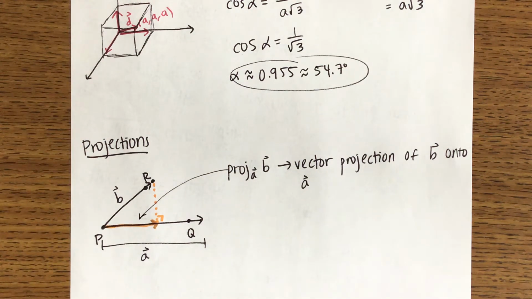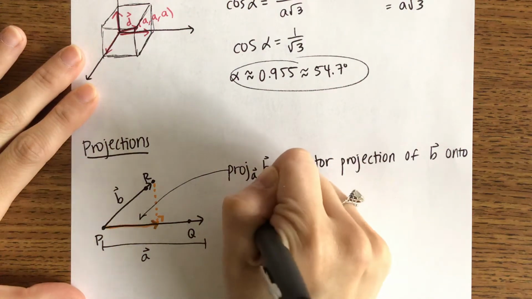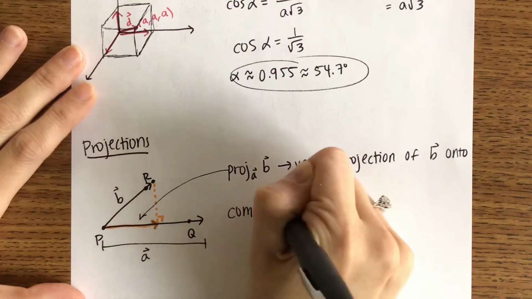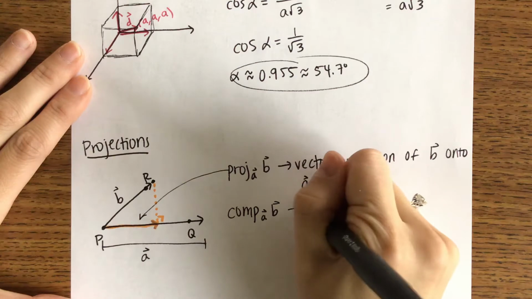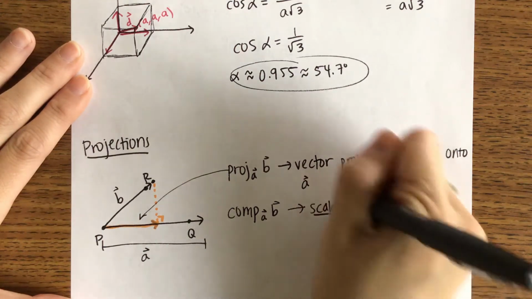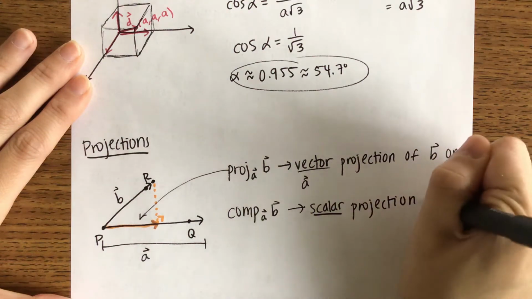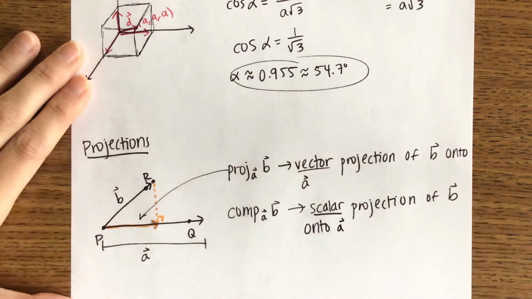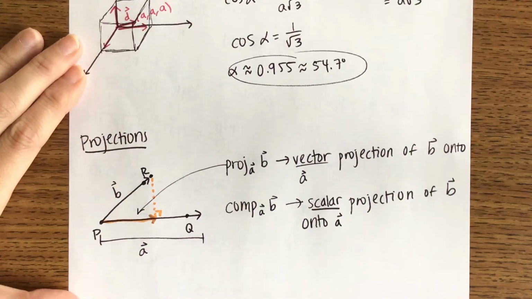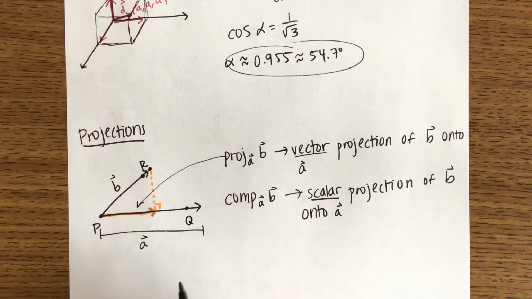It's like B's shadow down onto A. This is the notation if I'm asking you for a scalar projection of B onto A. It's going to give you a scalar instead of a vector. This one is the signed magnitude of the vector projection.